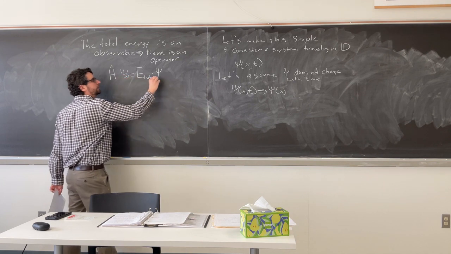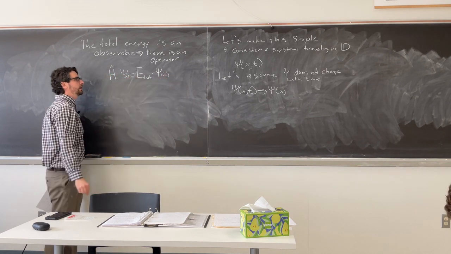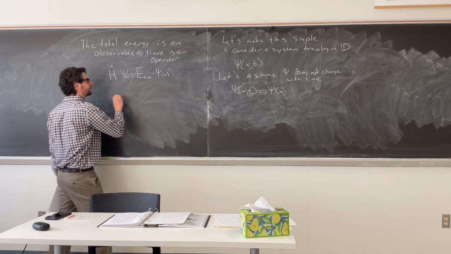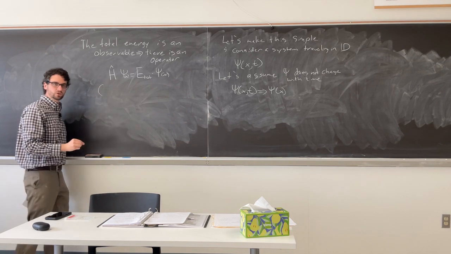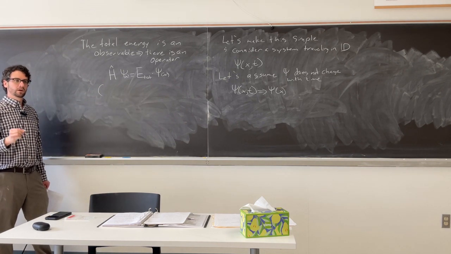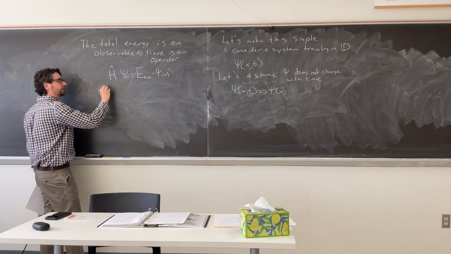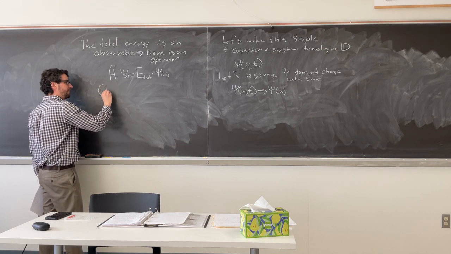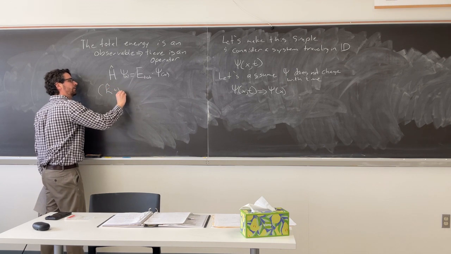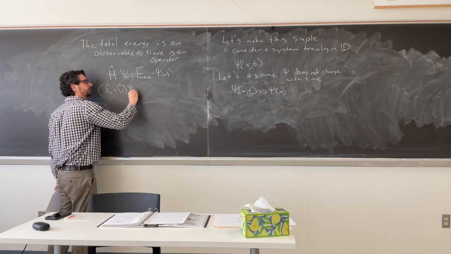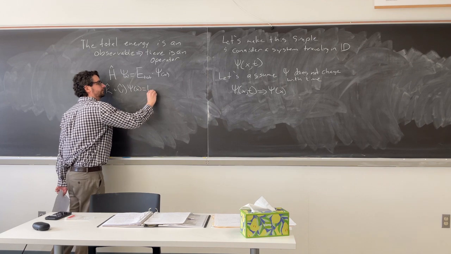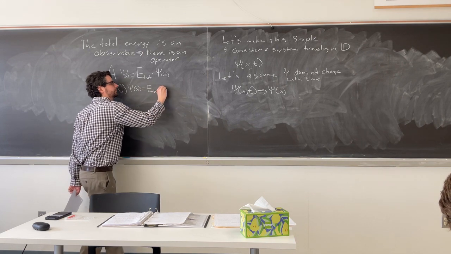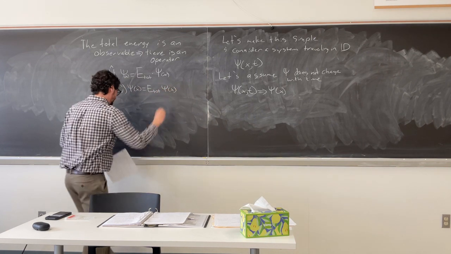Yeah, I should have probably put this in. Okay, we can break that Hamiltonian operator up into two other operators. What two other operators could we have? Yep, kinetic energy operator and potential energy operator. That's exactly right.